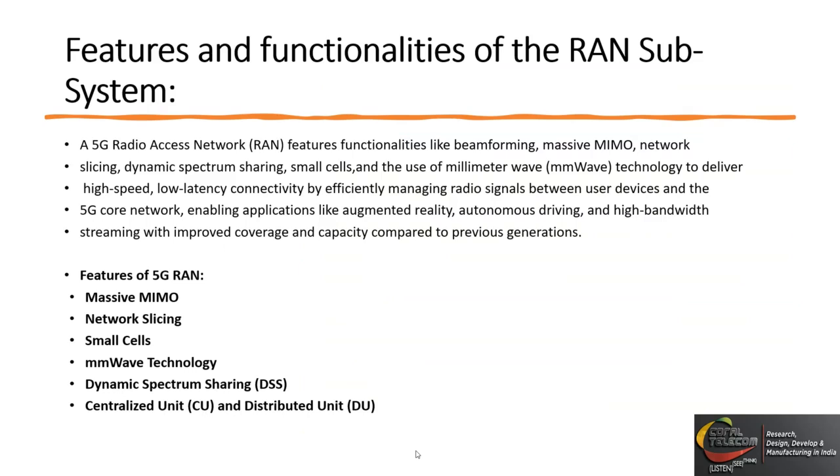Then there are the features and functionality of the RAN subsystem. A 5G radio access network has features like beamforming, massive MIMO, network slicing, dynamic spectrum sharing, small cells, and the use of millimeter wave technology to deliver high-speed data and low latency connectivity by efficiently managing the radio signal between the user equipment and the 5G core network.